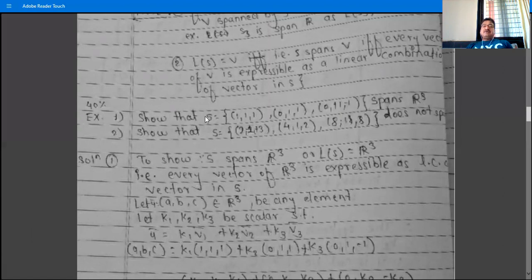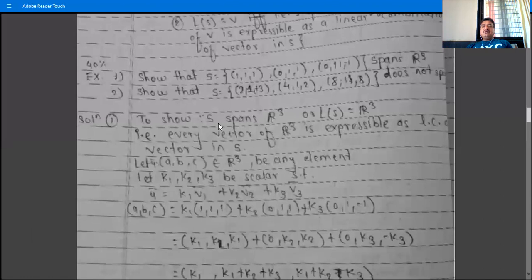Now the answer to the first example. What do we have to show? To show S spans R3: yes, this set spans R3. That is, LS is equal to R3.